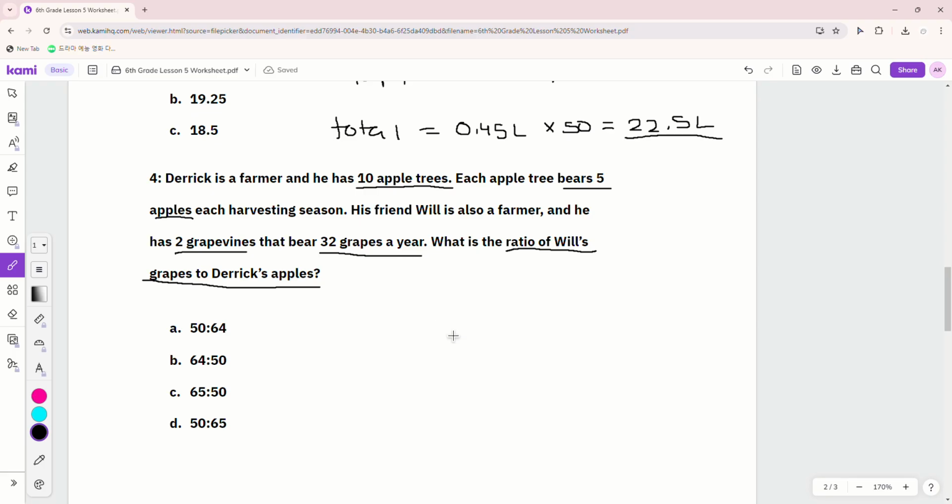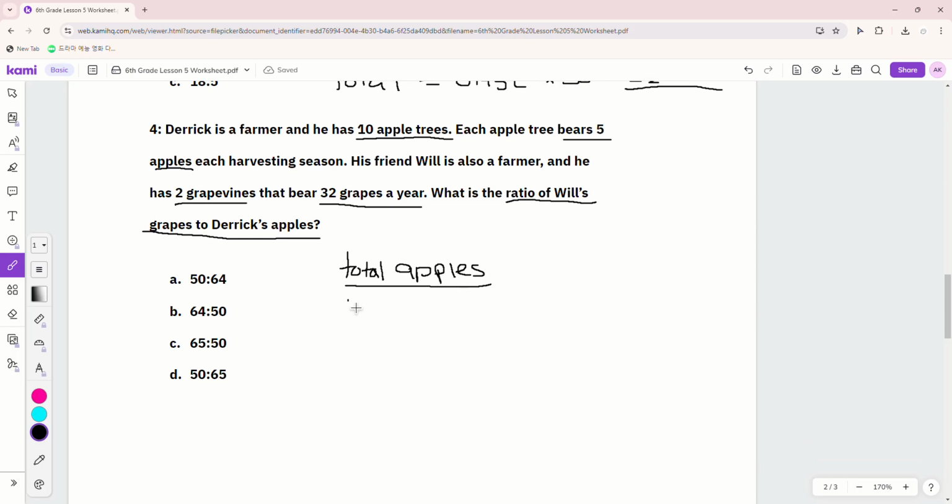So first, to calculate the total amount of apples first, you would have to do 10 trees times 5 apples per tree, which equals 50 apples.